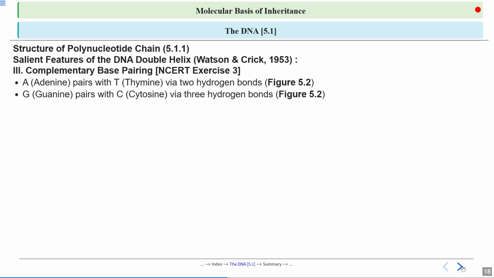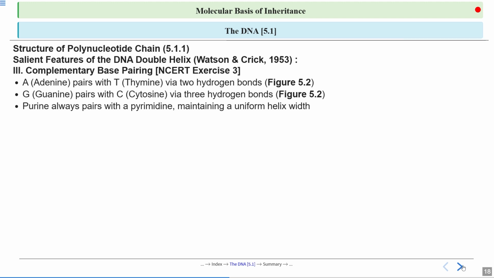It means purine pairs with pyrimidines, because we know that adenine and guanine are purines, and thymine and cytosine are pyrimidines. In case of RNA, it will be uracil rather than thymine. Purine always pairs with a pyrimidine, making a uniform helix width.